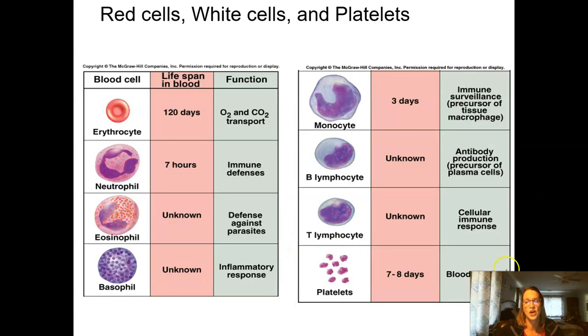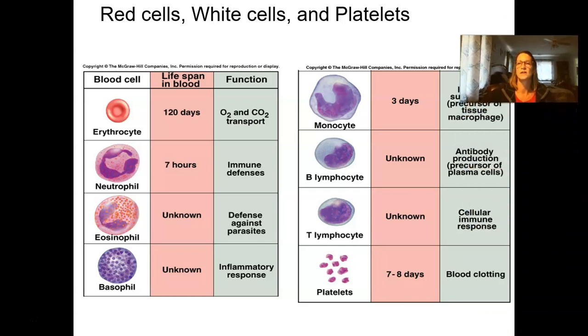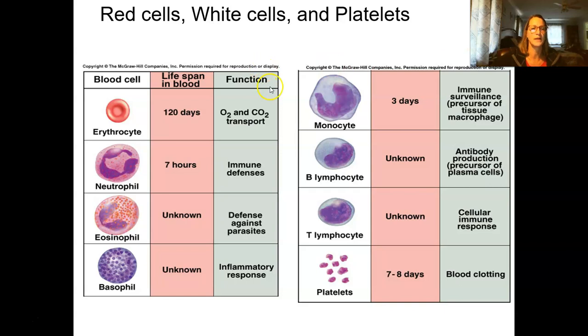You do not need to know all of these different types of cells that are found within blood. But I do want you to know that the red blood cell is this one. It's called the erythrocyte. Its function is carbon dioxide and oxygen transport, which we're going to talk about in a little bit.